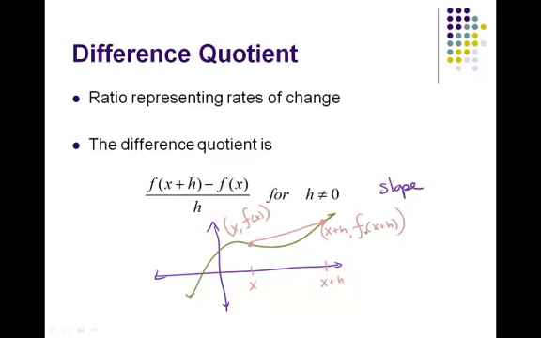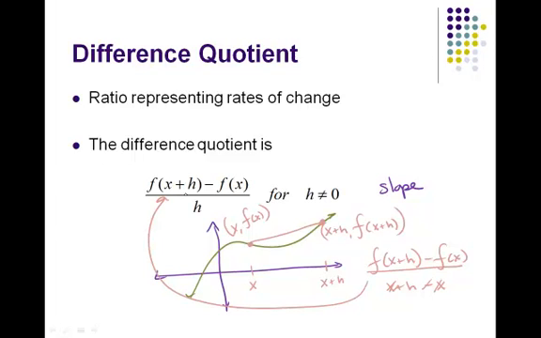You can see that if I take the slope of these 2 points, I'm going to have f of x plus h minus f of x, that's y minus y, over my x values, x plus h minus x, and I hope you can see that this denominator then will just simplify to h, and that's the difference quotient.